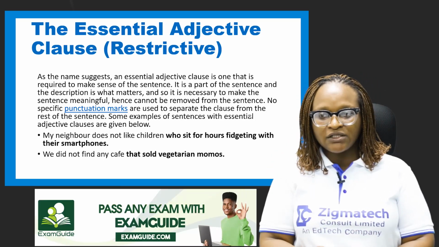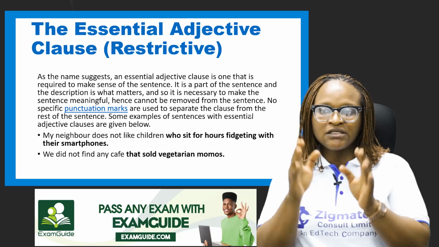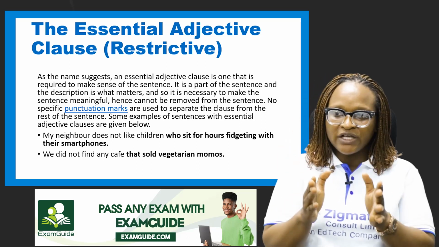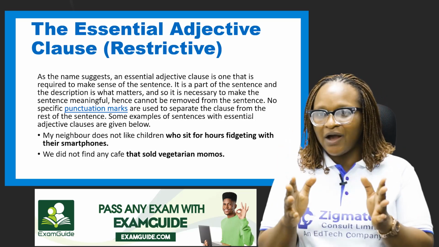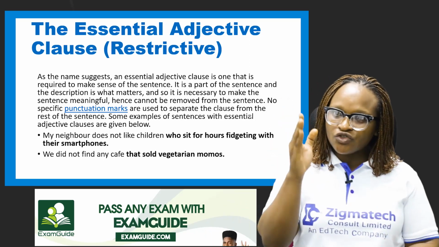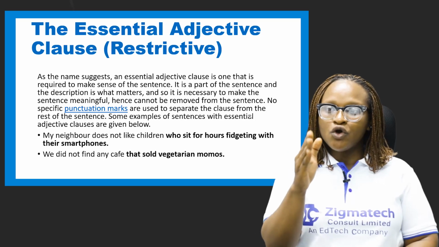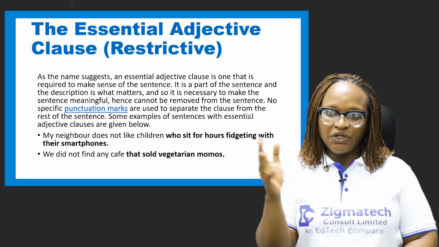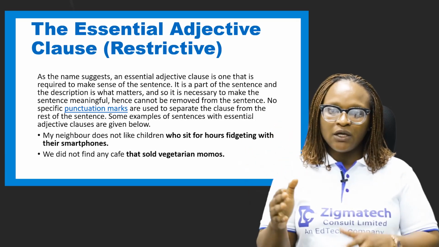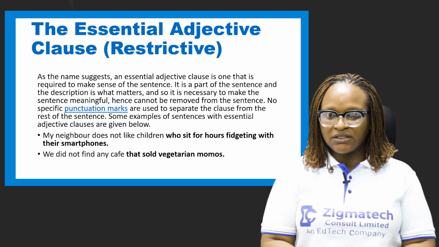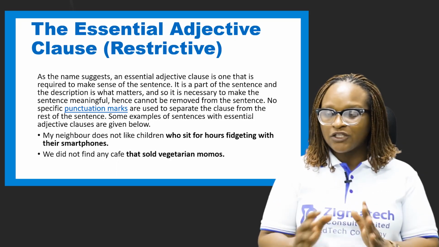That's the subordinate clause. So in this type of sentence, we'll call it restrictive adjectival clause because it's restricted basically to that sentence. You cannot remove it. If I remove who sit for hours fidgeting with their phones, their smartphones, you see that the sentence will not be complete.